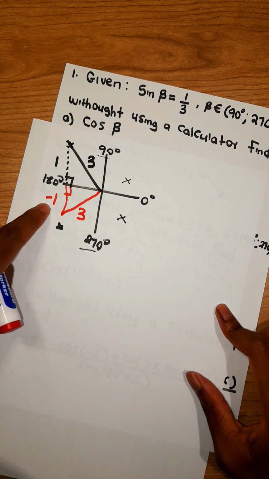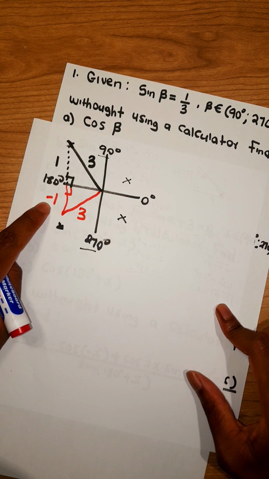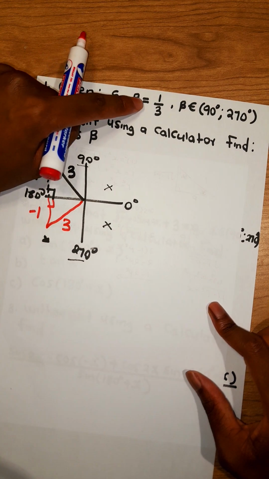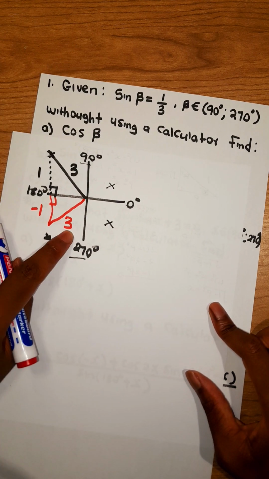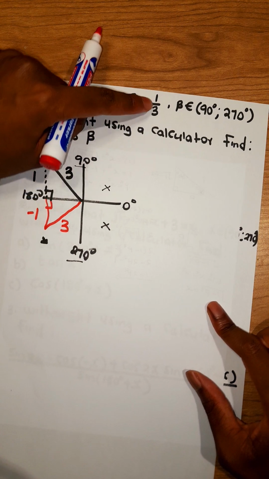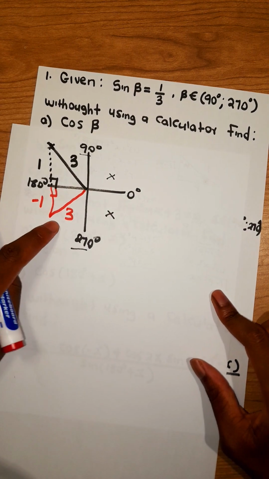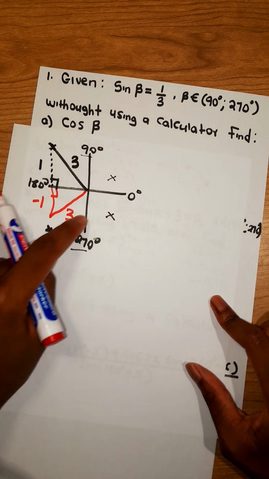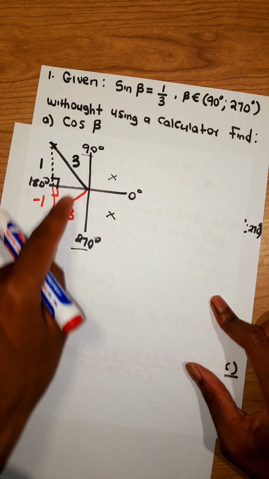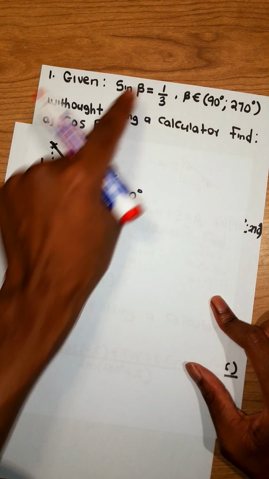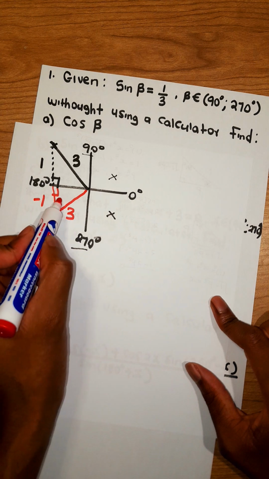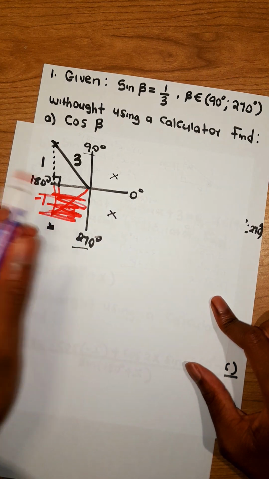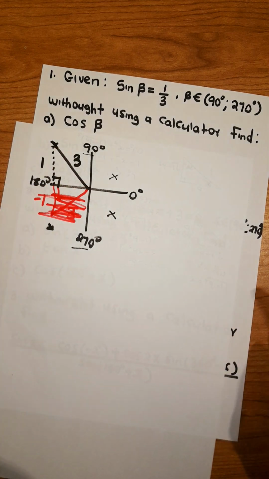So because this one is a minus, the sine of beta would be -1 divided by 3, and it is not the original statement. So you immediately know that you have made a mistake. From the diagram, the sine of beta should remain positive. That is why the correct answer is on the second quadrant.